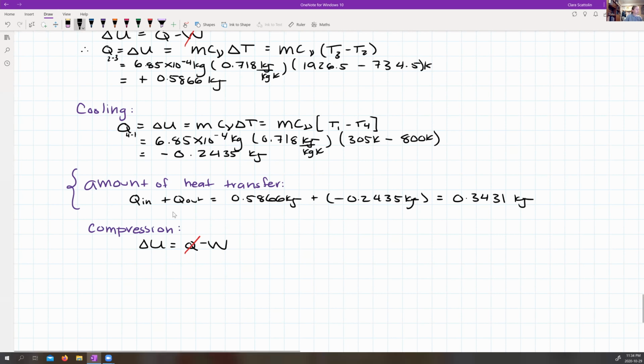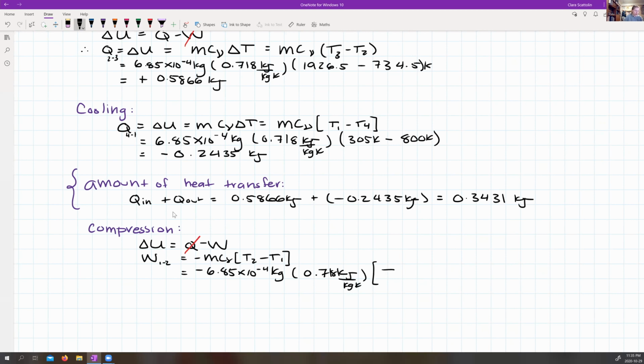So therefore, I know that my work for my compression, which is 1 to 2, is going to be equal to negative m Cv, T2 minus T1.